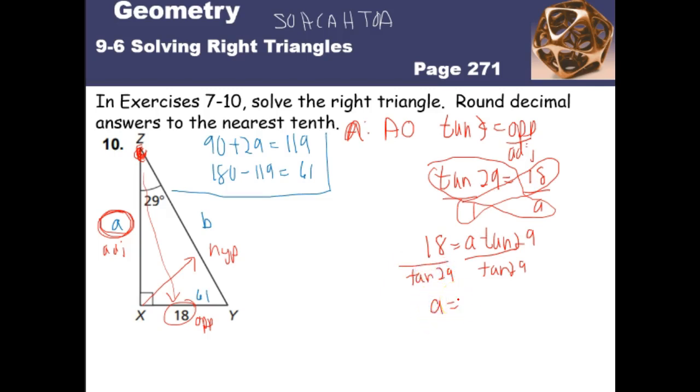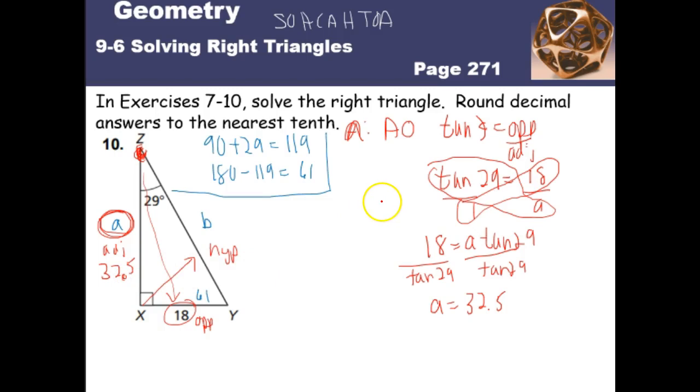And I get 18 divided by tangent 29, and I get 32.5. So this side is 32.5.